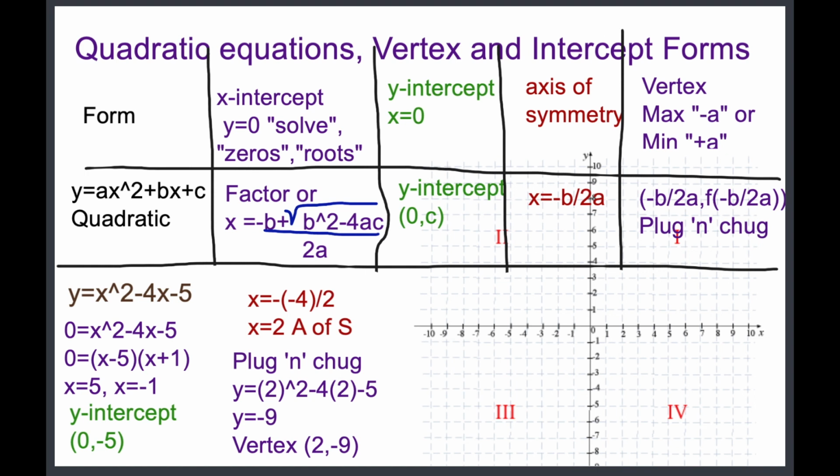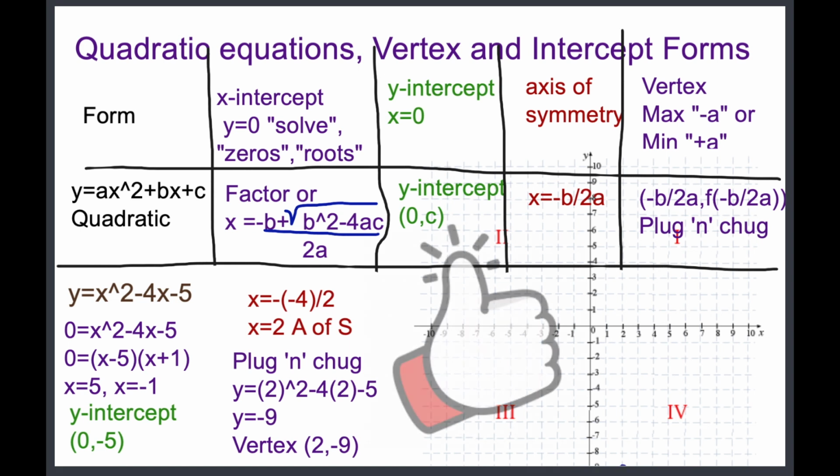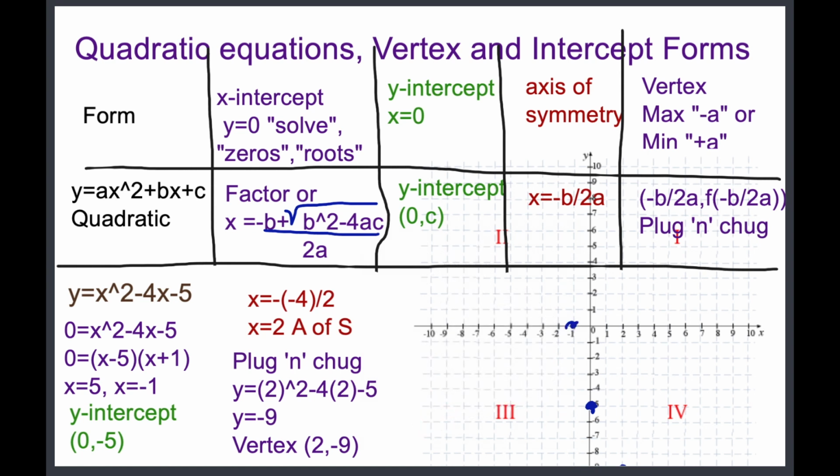So again, 2, negative 9 is the vertex, 0, negative 5 is the y-intercept, negative 1, 0 is the x-intercept, 5, 0 is the x-intercept. Duplicate this back over the axis of symmetry again. There's my axis of symmetry. And so my graph is an open upward parabola.